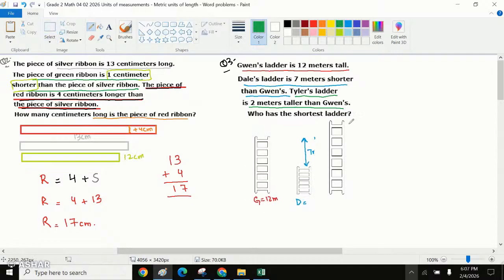They are saying this height difference is 2 meters. Let's see what exactly they are asking us in the question. This was Tyler's ladder. So what should be the answer, Precious?